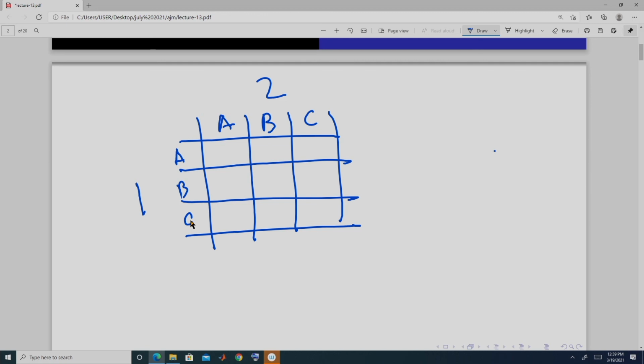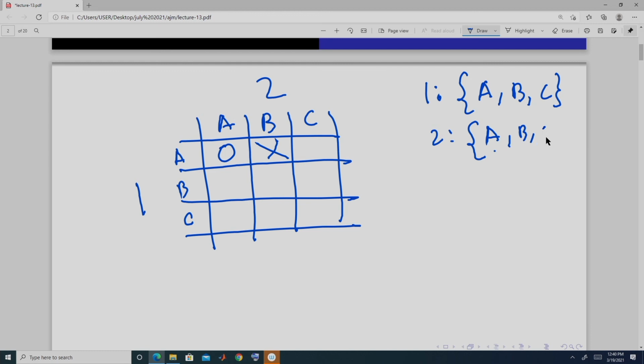Player 2 can choose from the places A, B, C, these columns, and player 1 will choose from the rows A, B, C. So, we can say that the action of player 1 is from these three places, and the action of player 2 is from these three places, and the moves are like this.